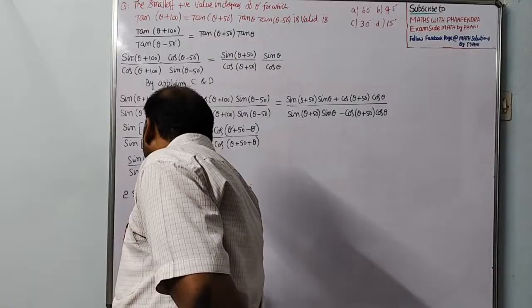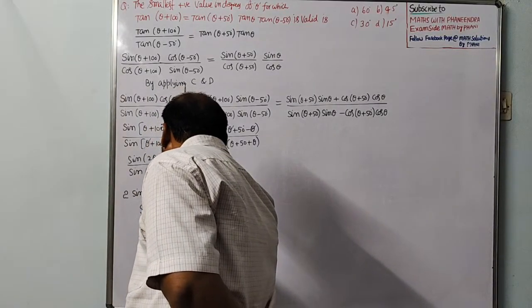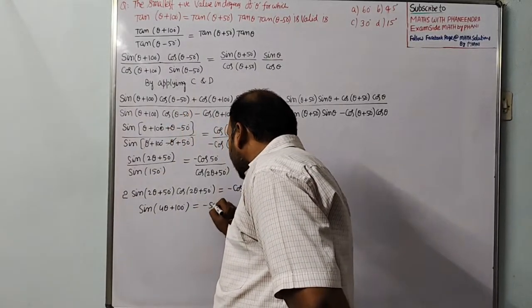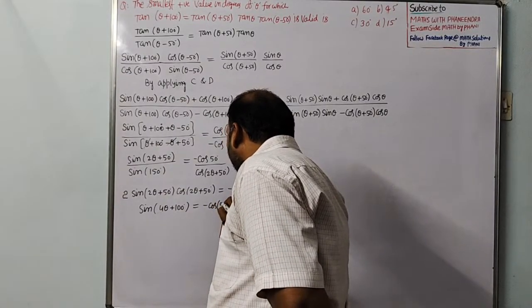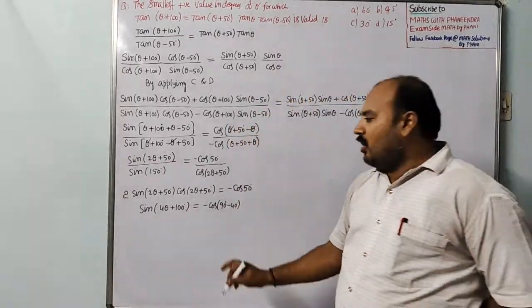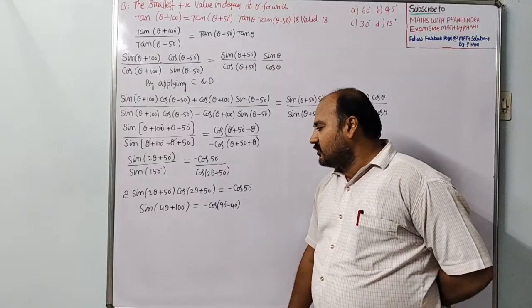So sin 2 times (2 theta plus 50), that is sin(4 theta plus 100 degrees), is equal to minus cos 50. Here also I want to make a change. So first, cos 50 can be written as cos(90 minus 40). Can I do like this? After that, 90 minus 40 means 50 only will come.